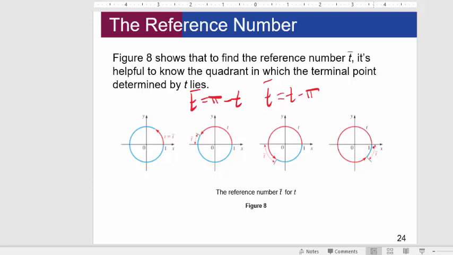So it's really the whole circle, which is 2 pi, minus the angle, which is T. So in this case, T bar is going to be 2 pi minus T. All right, so those are just little tricks that you can use if you want to find what the reference angle is. But there's even an easier trick, which we'll talk about later.